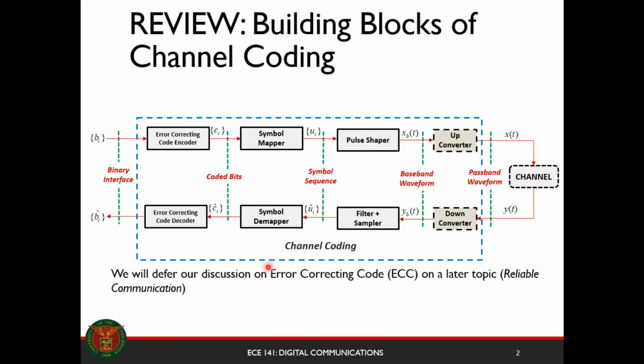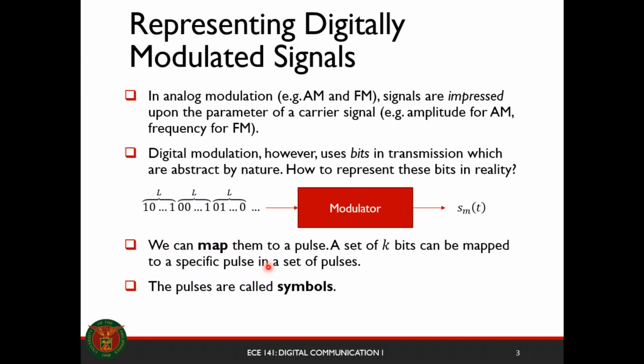Let's just look at the symbols. How do we represent our binary digits, or our bits, as a symbol? First, what is a symbol? What is a digital symbol? I've been saying that on and on, and I have not even given a background. So we represent the bits as digitally modulated signals. Just to refresh your memory, in analog modulation, the signals are impressed upon a parameter of a carrier signal.